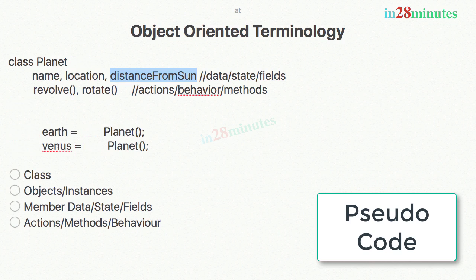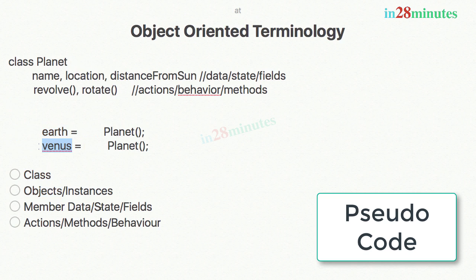If you are aware of the solar system, then you would know that the distance of Venus from the sun is less than that of the Earth from the sun. So the distance from sun for Venus would have a different value compared to the distance from sun for Earth. So a class is a template, an object is an instance of that template, Earth, Venus.